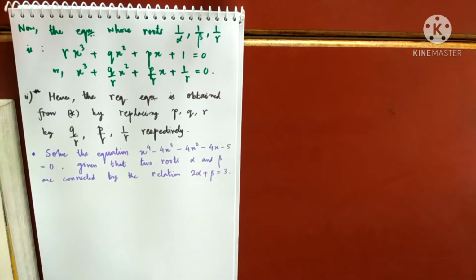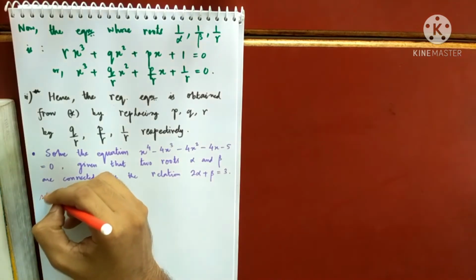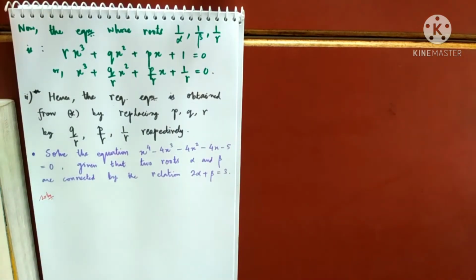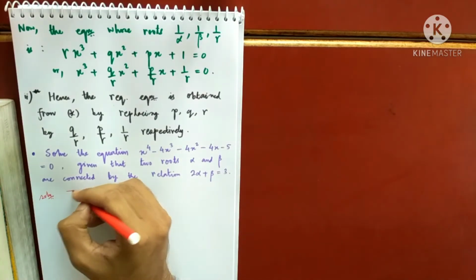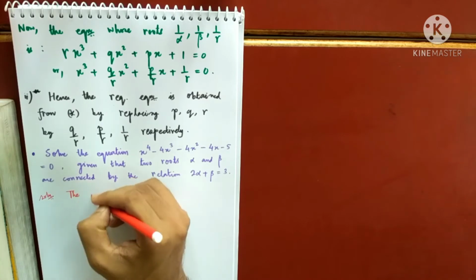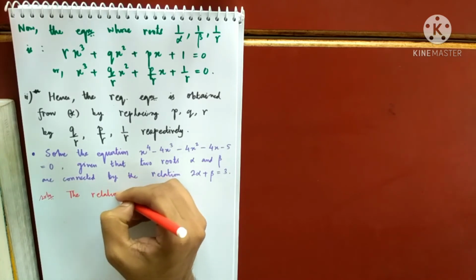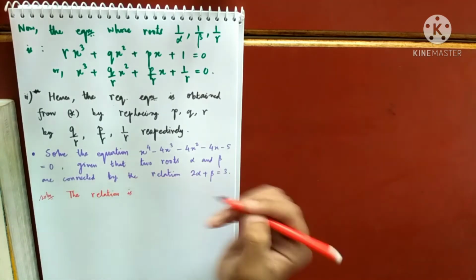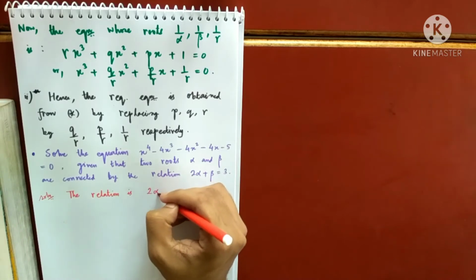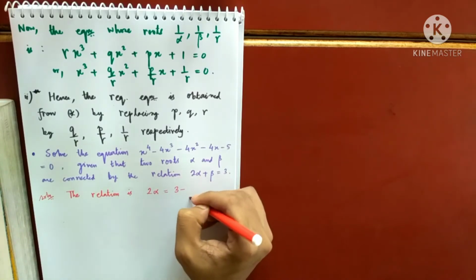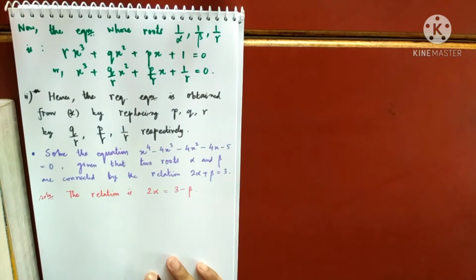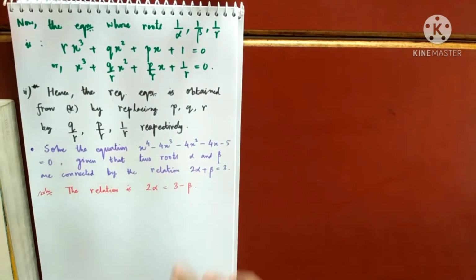So let's see what I'll be doing. I'll write this relation as 2 alpha equals 3 minus beta, because this is the same as writing this.